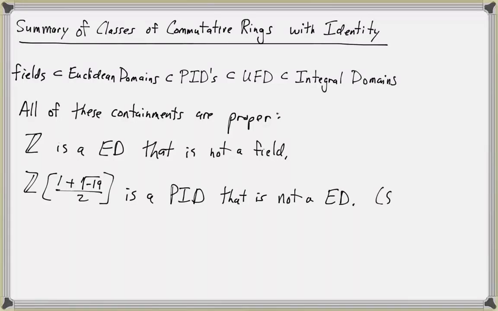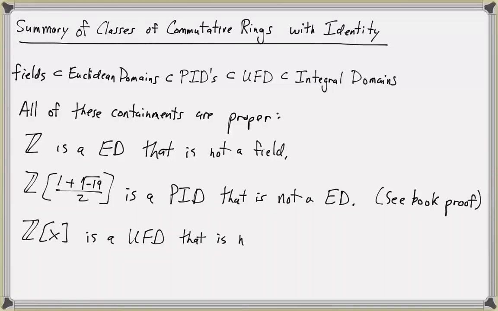Again, see the proof in the book for all the details. And again, it's true that if a ring is a UFD, then the ring of polynomials with coefficients in that UFD is also a UFD. So the ring of polynomials with integer coefficients is a unique factorization domain that we have shown is not a principal ideal domain.